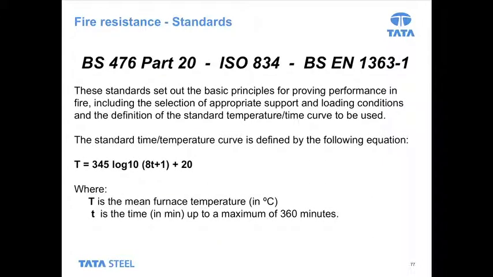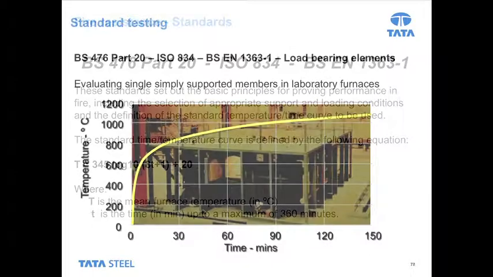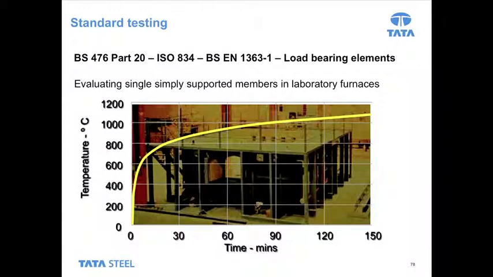In theory, all 3 standards are pretty much the same. But in practice, because of different fuels and control mechanisms, they can give different results. But they all follow the same time-temperature curve, and the equation there on the slide describes that time-temperature curve, and this is what that time-temperature curve looks like.